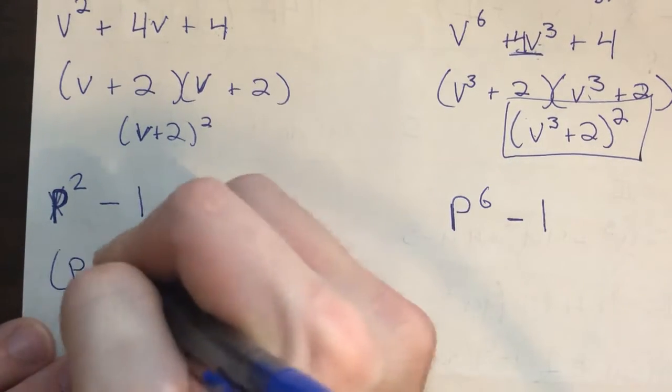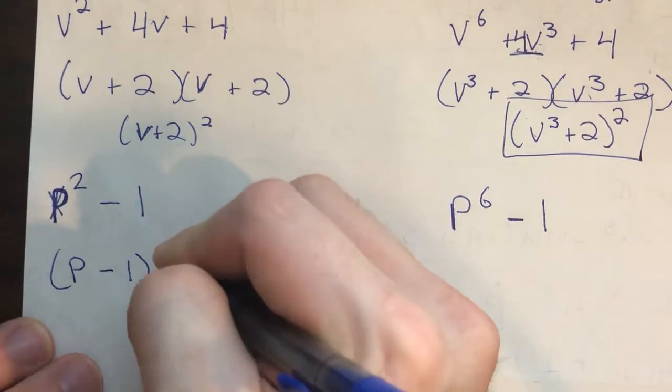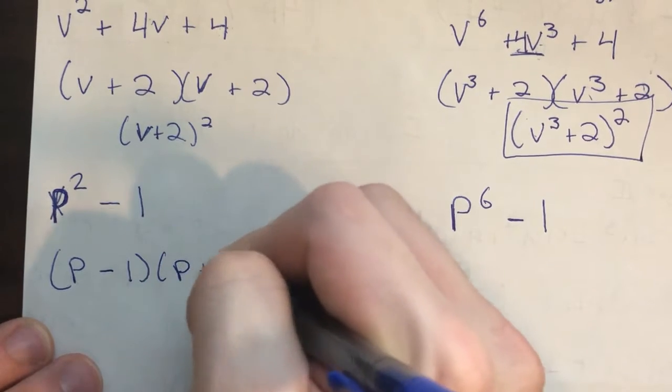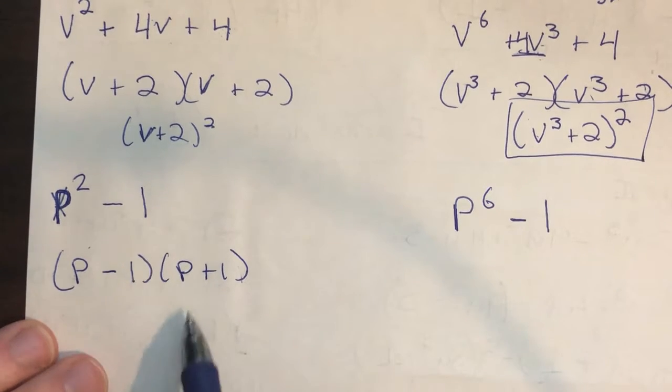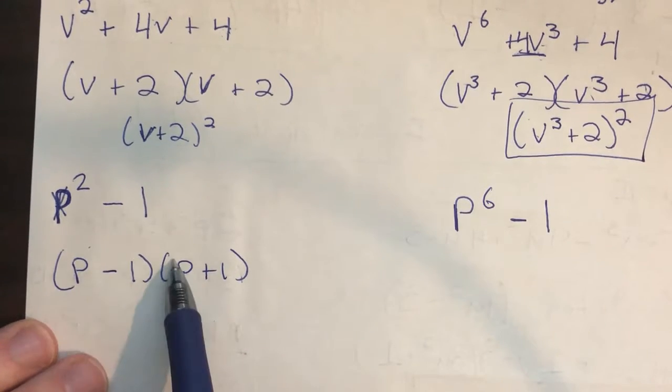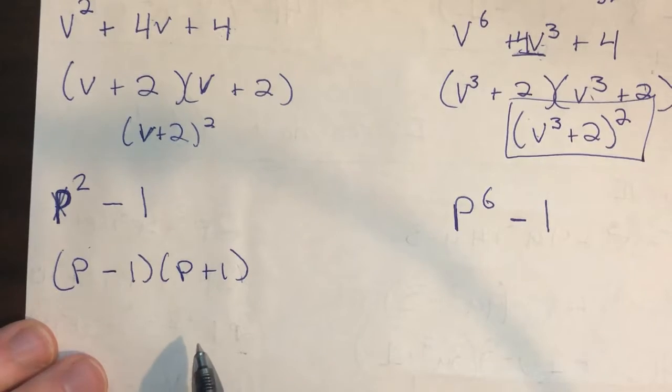We have a p minus 1 and a p plus 1, because when you do this out, this p and this negative p cancel, and you just get the p squared and the negative 1, okay?